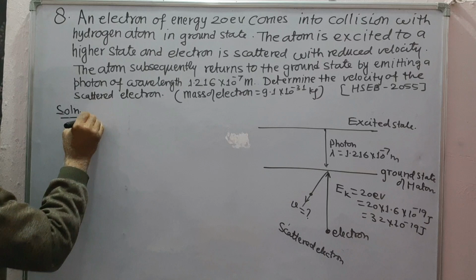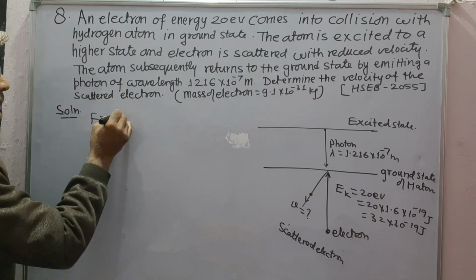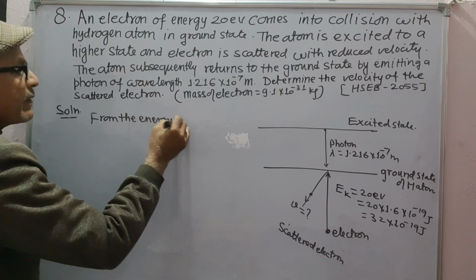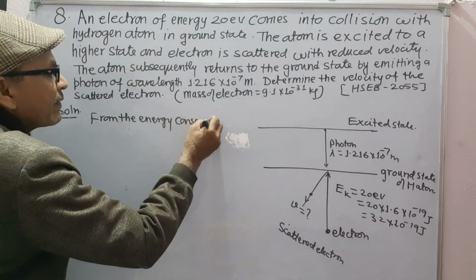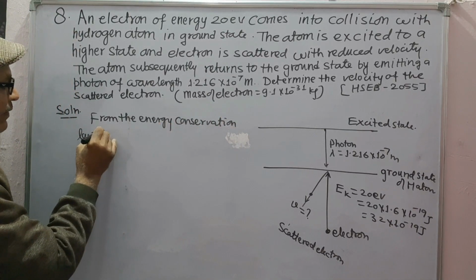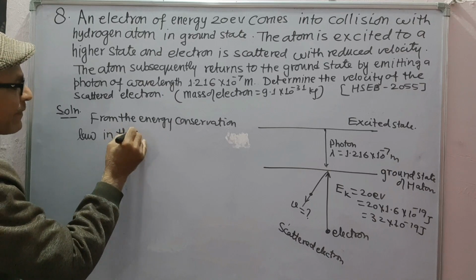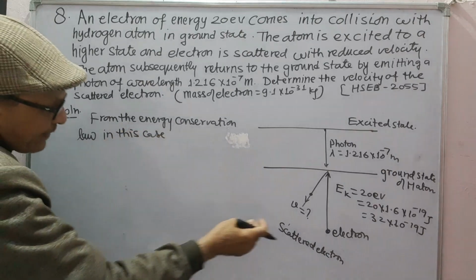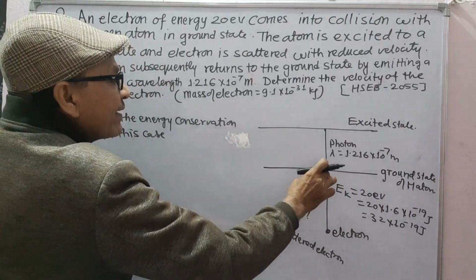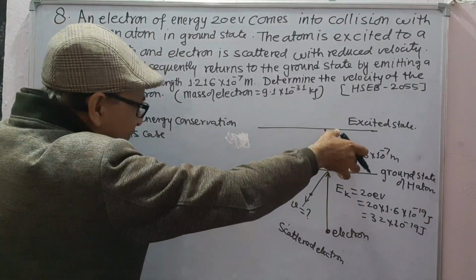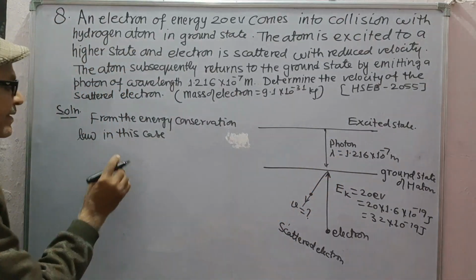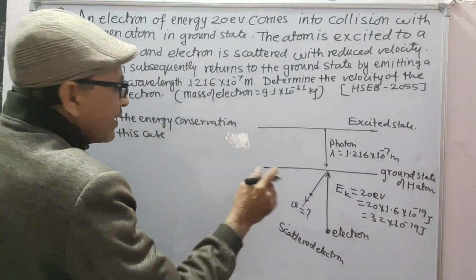Now from the law of conservation of energy, in this case, energy of striking electron will be equal to the energy of emitted photon plus kinetic energy of scattered electron.